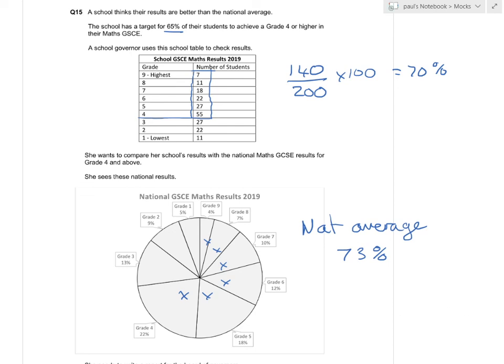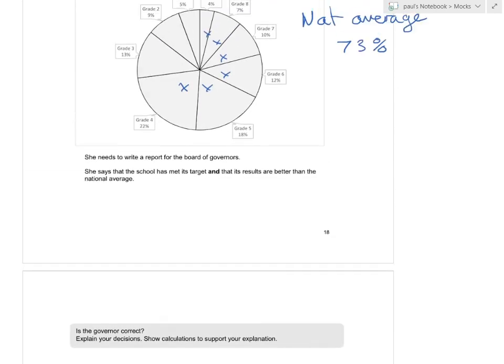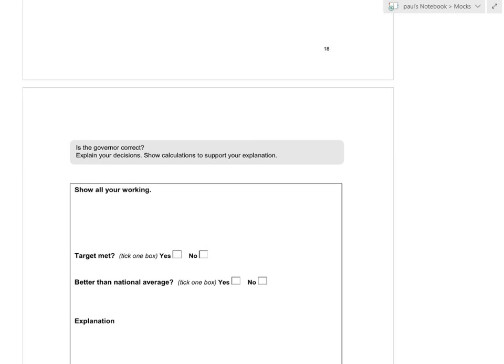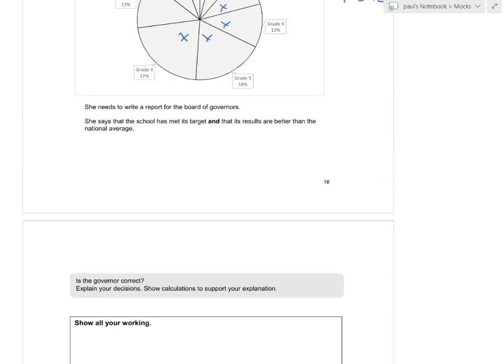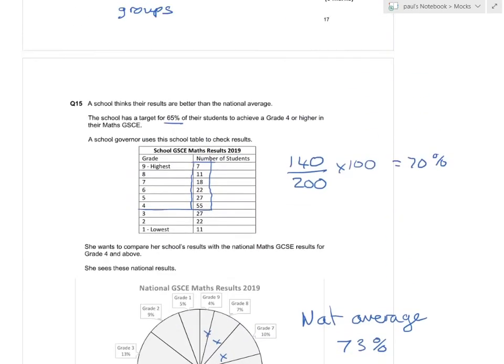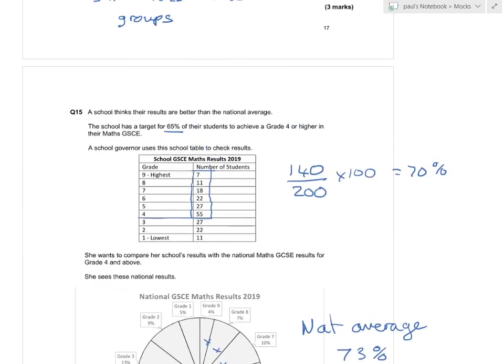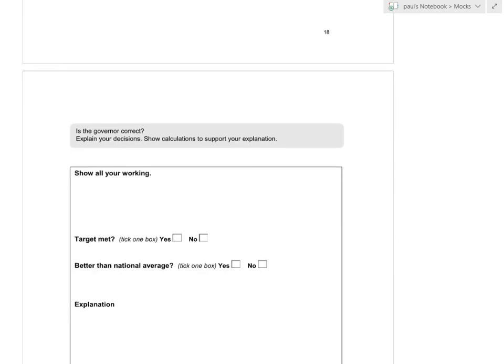So what are we doing? Okay, so we've worked out a couple of averages. There must be a question down below. Is the governor correct? Right, she needs to write a report. She says that the school has met its target and the results are better than the national average. The target was 65%. So target met, yes. School 70%.